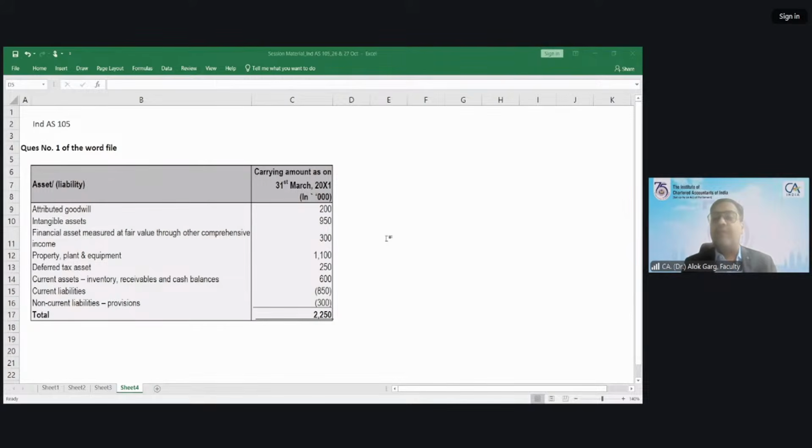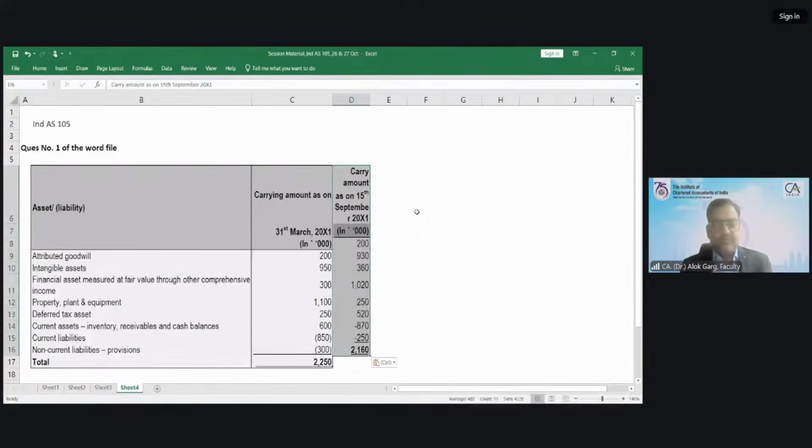What is the meaning of that? Technically speaking, it means your carrying value on the date of held for sale. Okay, so let me copy it here.